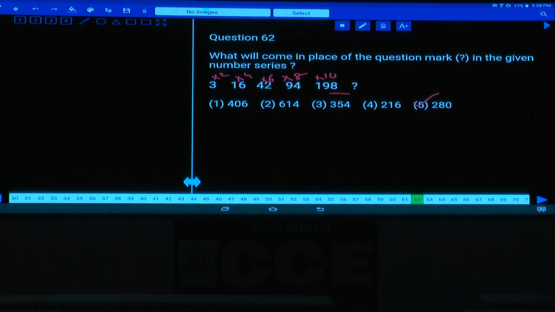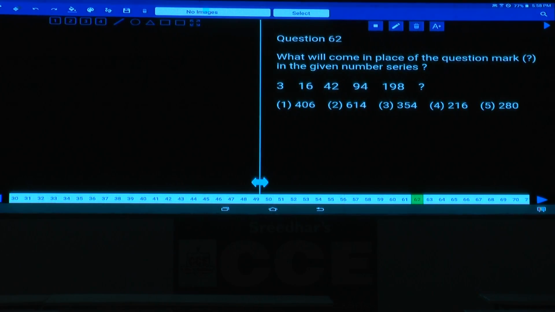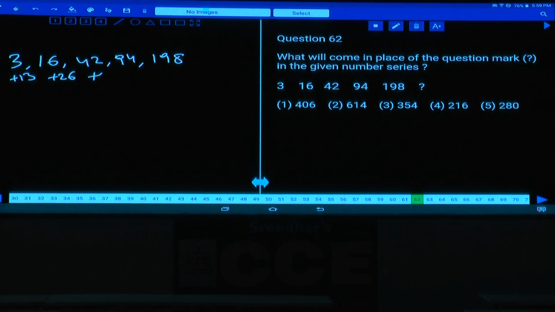Then question number 62. Now in this question number 62 here, now as the numbers are increasing at a very smaller rate, it must be under difference. Tell me what are the differences here? 94, 198. And tell me the difference here. Now here the difference between these two is 13, the next difference is 26, and here the difference is 52.